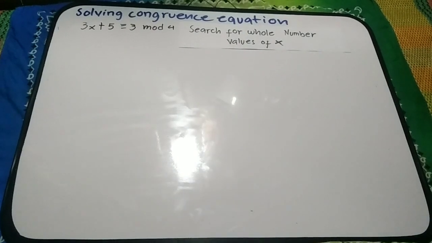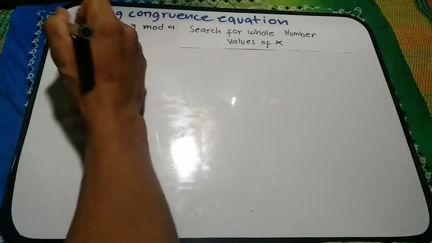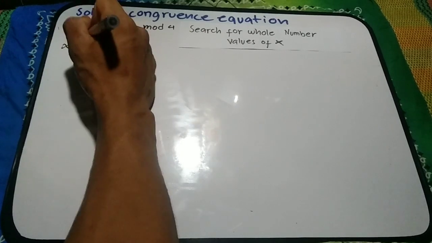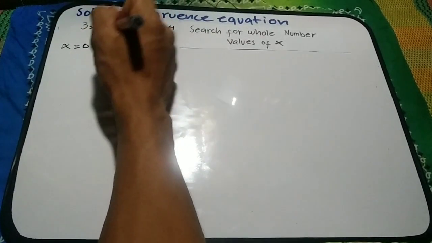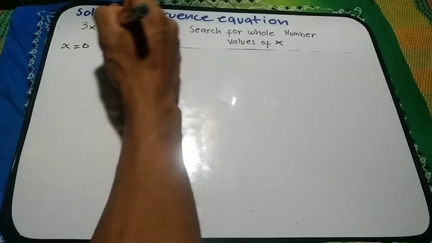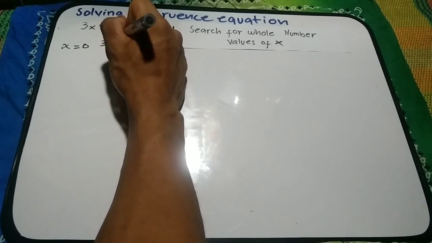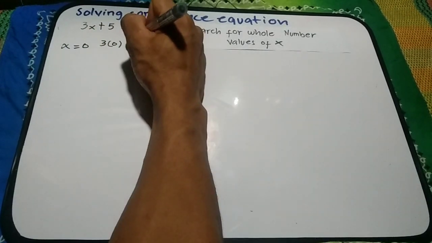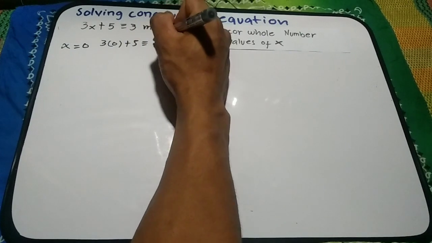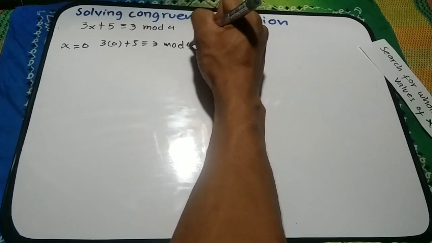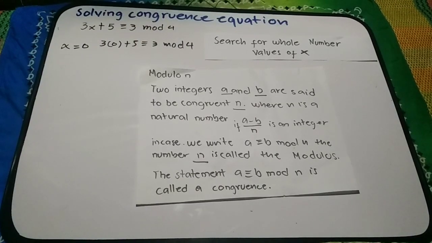Let's begin with 0. If x is equal to 0, then 3 times 0 plus 5 congruent to 3 mod 4. To find whole number values of x, we use modulo n.